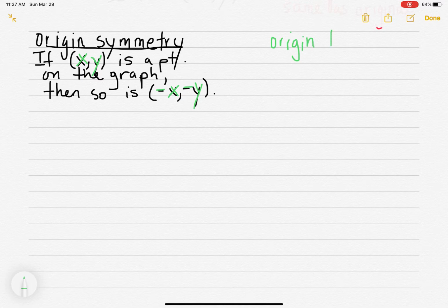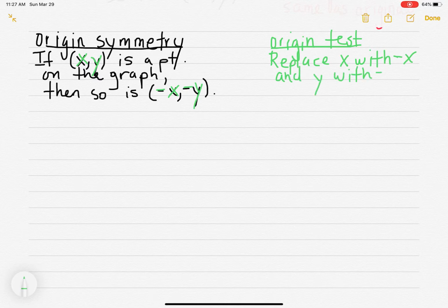So here you might guess we're going to replace x with negative x and y with negative y in the equation.